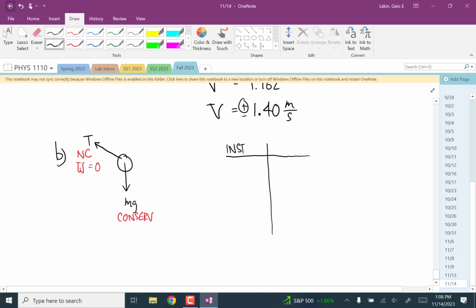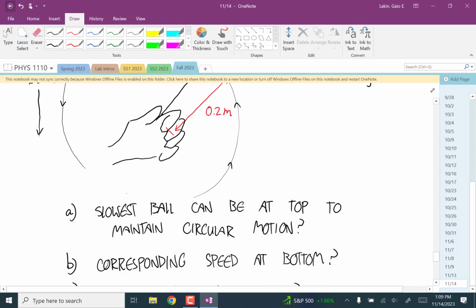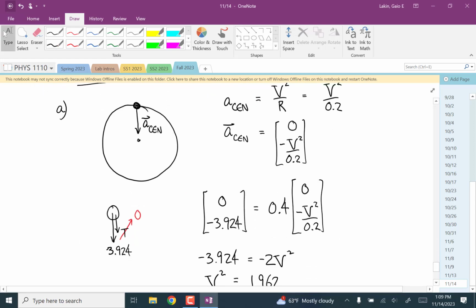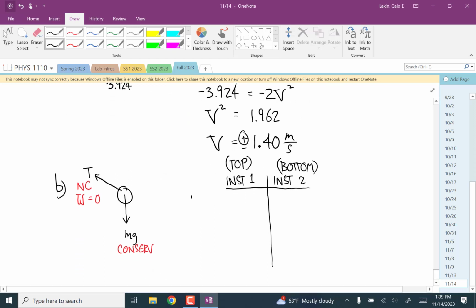So let's say instant 1 is going to be at the top of the circular path. Instant 2 is going to be at the bottom of the circular path. I'm going to call the bottom of the circular motion my h equals 0. At the top, the gravitational potential energy is the mass, 0.4, times 9.81, times, what's the height at the top of the circle?